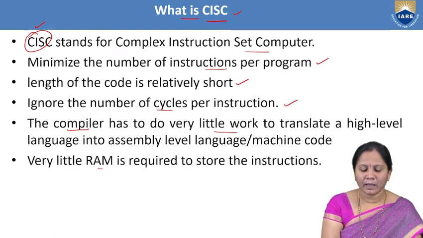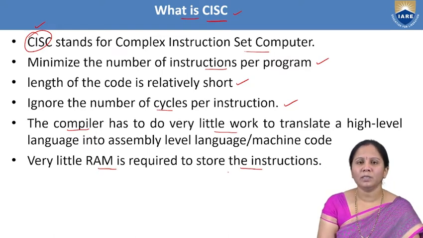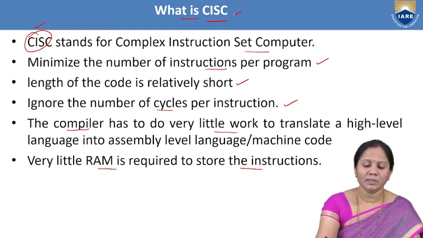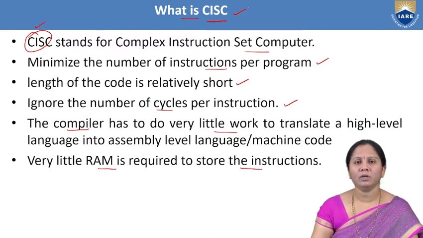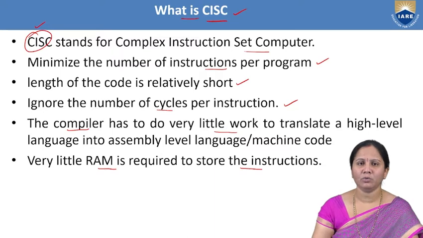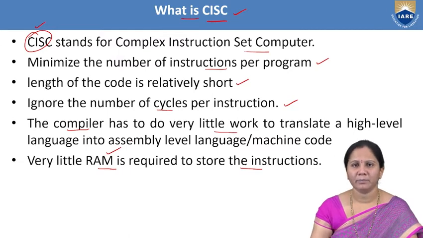Next, RAM is required to store the instructions, because in the CISC processor we will not have many registers. That is why, in order to store the instructions or the data, we have to use RAM, that is memory.